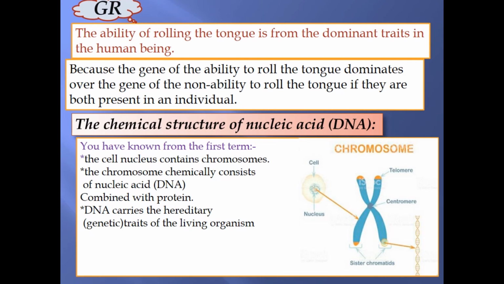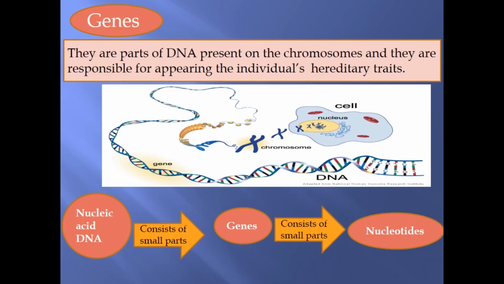DNA carries the hereditary or genetic traits of the living organism. What are genes, which are important to express the hereditary traits inside your body? Genes are parts of the DNA present on the chromosomes, and they are responsible for the appearance of the individual's hereditary traits.